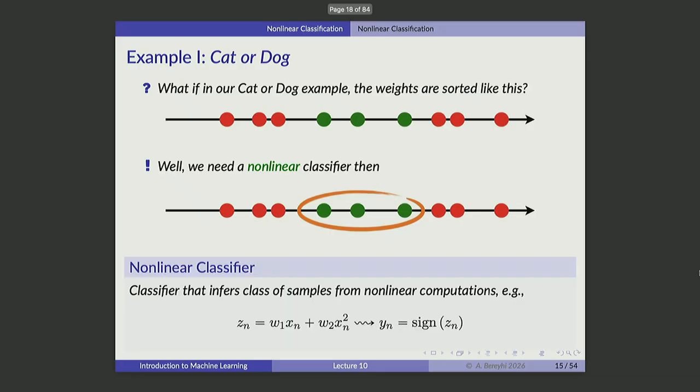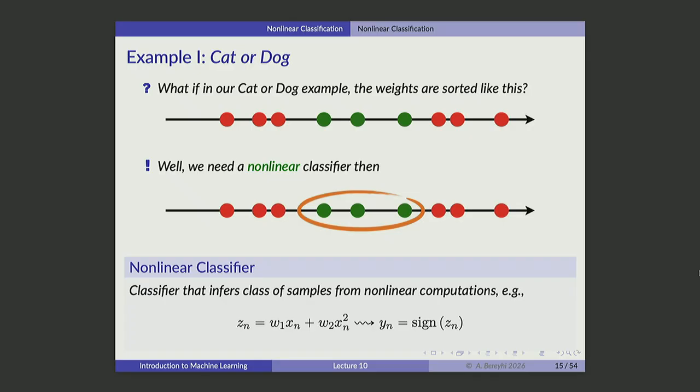So if you go ahead and you use your support vector machine, you definitely never get zero classification error, right? But the problem, at least when you look at it, is not that complicated. So probably you need to have a sort of nonlinear classifier, right?